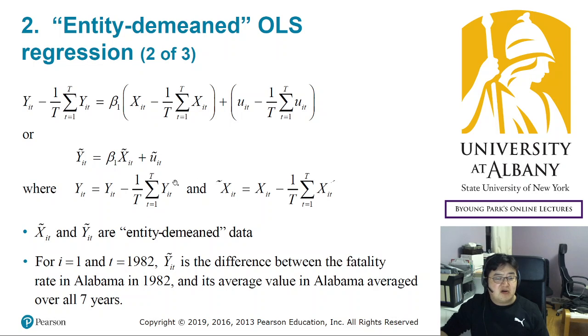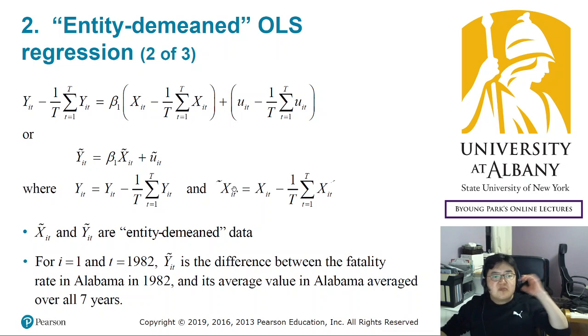Here, it explains exactly what I did. Say i equals 1. The first state in the data is Alabama, and the first year is 1982, and then Y tilde, the wiggle on top is called tilde. Y tilde is defined as this. A typo: there should be a tilde here. I had to fix it.